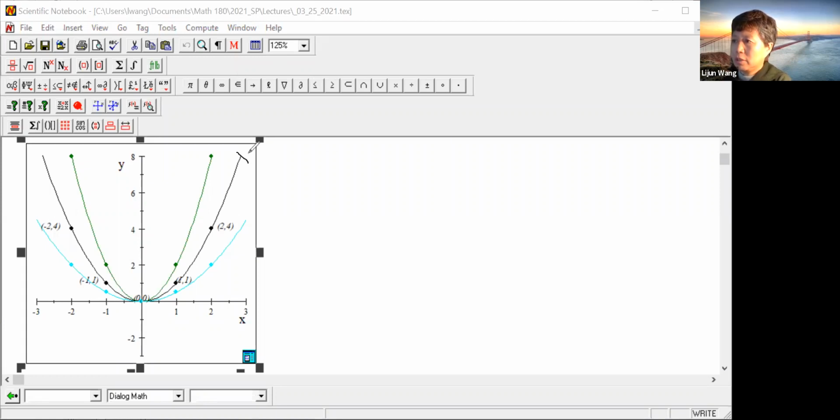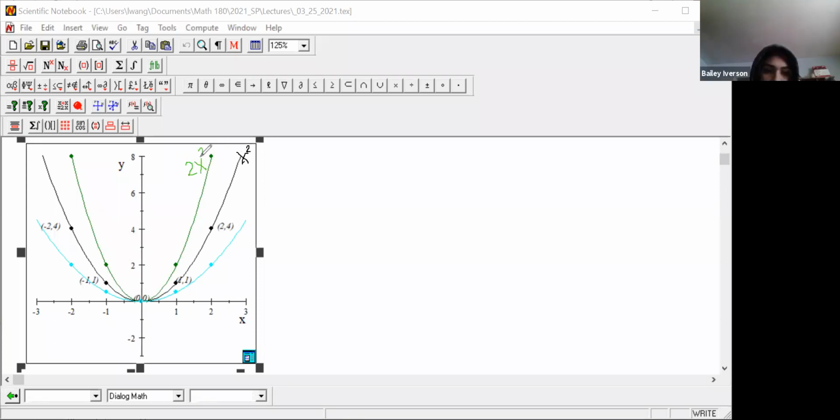This is x squared, isn't it? Right? And the green, what is the green? 2x squared. 2 times x squared. What is the blue? Half times x squared. Half x squared.